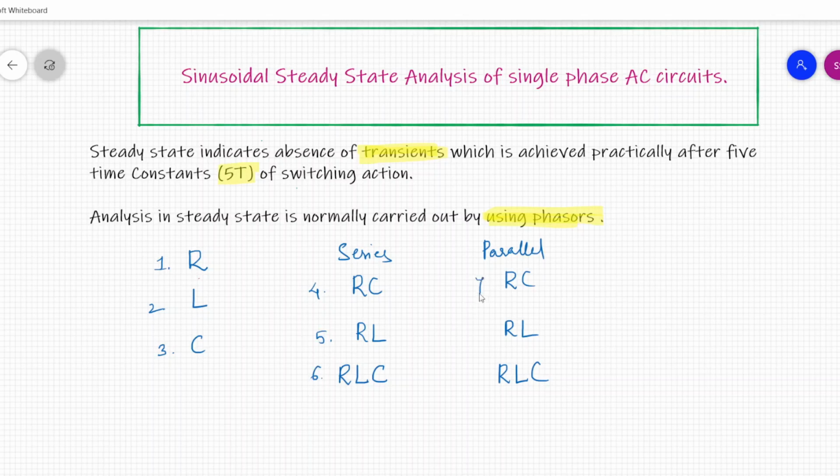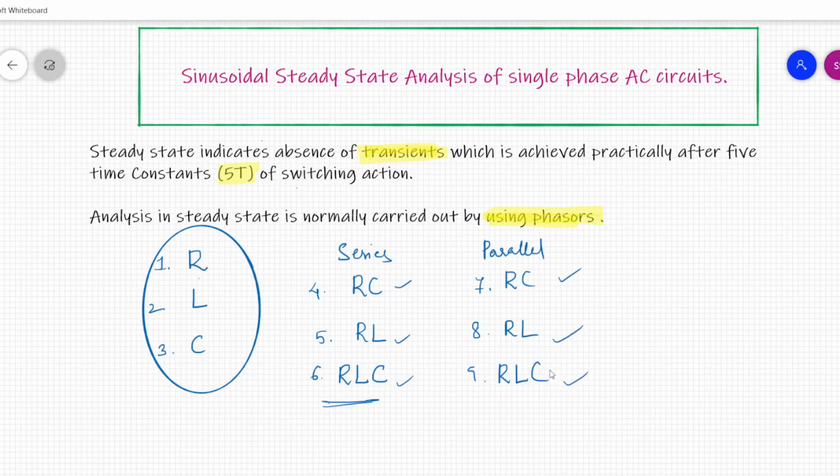So I think there are eight topologies we are going to see here. We will brief RLC once again, and in this class we will see the series combination of RC, RL, and RLC. In the next class, we will see RC parallel, RL parallel, and RLC parallel.